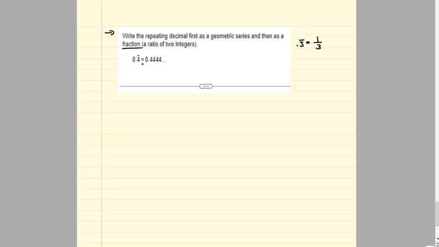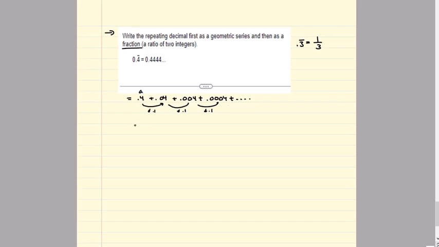Well, if we think about 0.4 repeating, the 0.44444, etc., that is equal to 0.4 plus 0.04 plus 0.004 plus 0.0004, etc. So if I look at this in terms of a geometric series, when I move from here to here to my next term, I'm multiplying by 0.1, multiplying by 0.1, multiplying by 0.1.